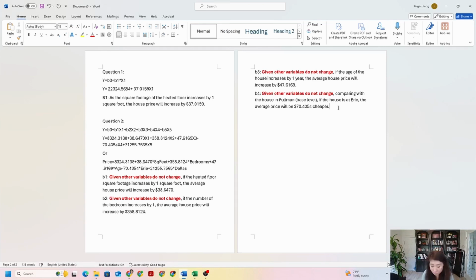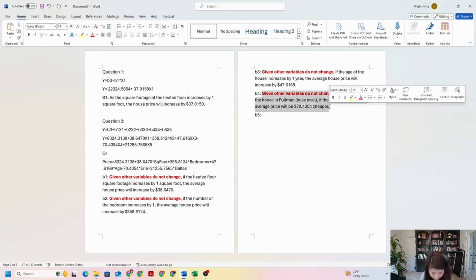Great. Now you know how to interpret B5, right? Because B5 similarly, instead of the partial coefficient for the dummy variable for Erie, it's the partial coefficient for the dummy variable for Dallas, right? So like I said, I like to make it easier.